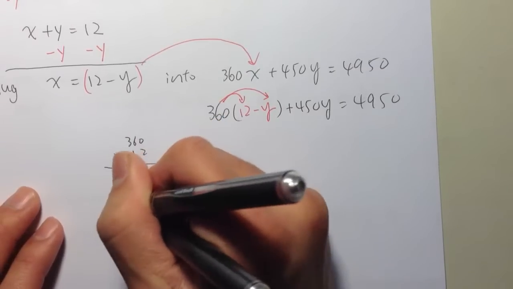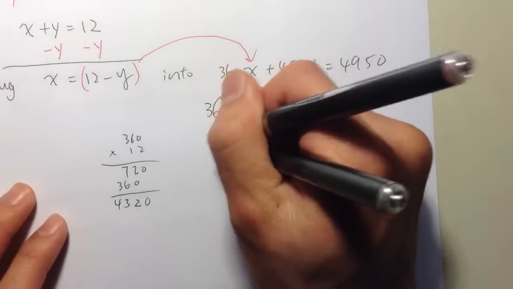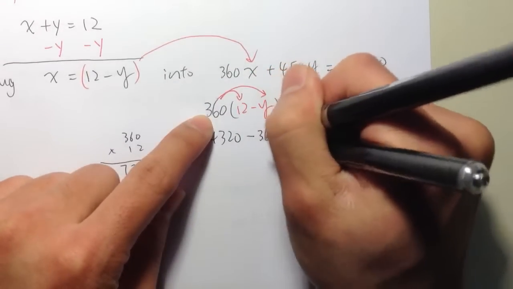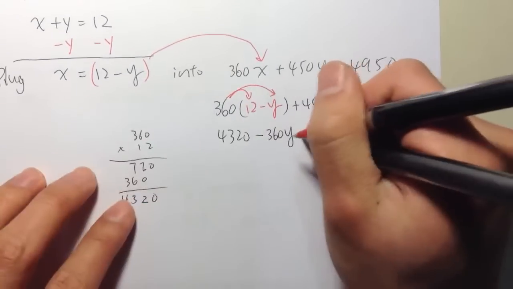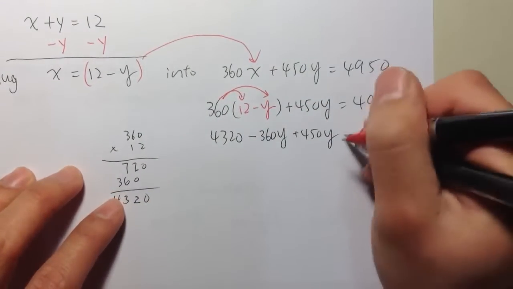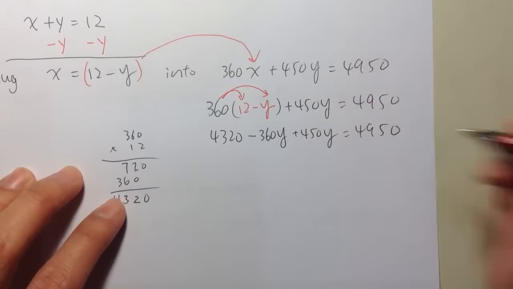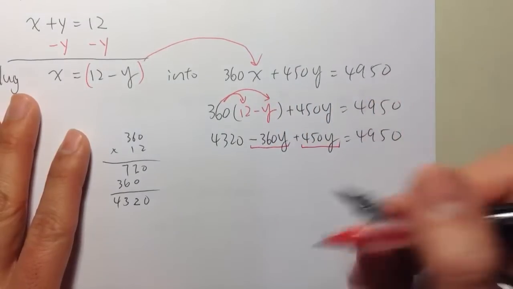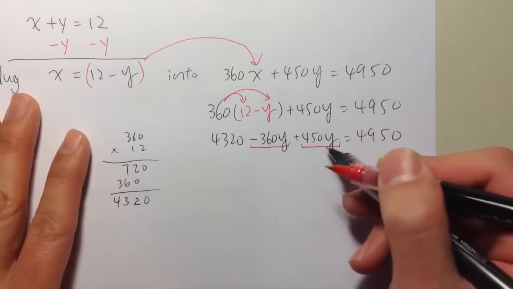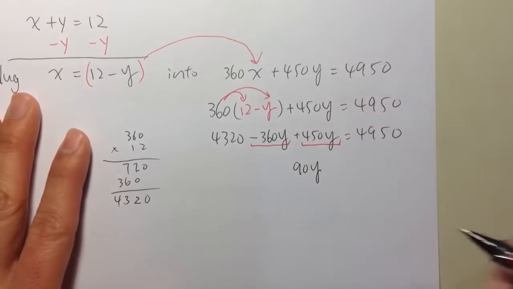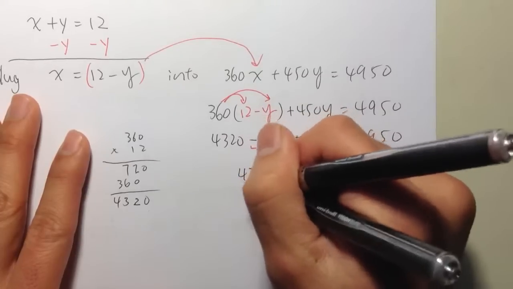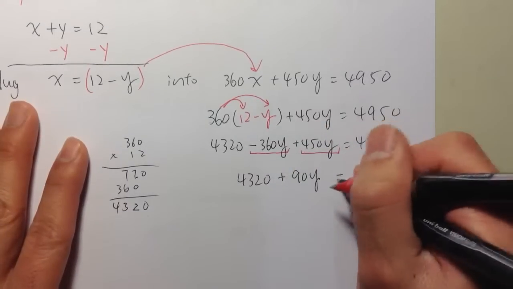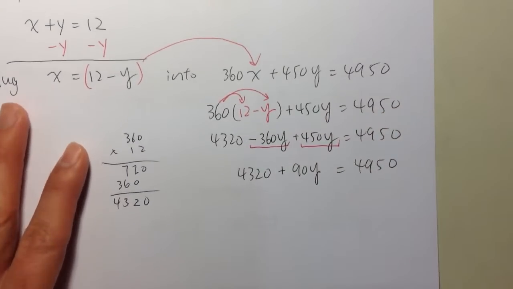So distribute, you get 4320, minus 360y plus 450y equals 4950. On the left-hand side, we can combine like terms. Negative 360y plus 450y is 90y, but we still have the 4320. The 90y was positive, so that's a plus, equals 4950.